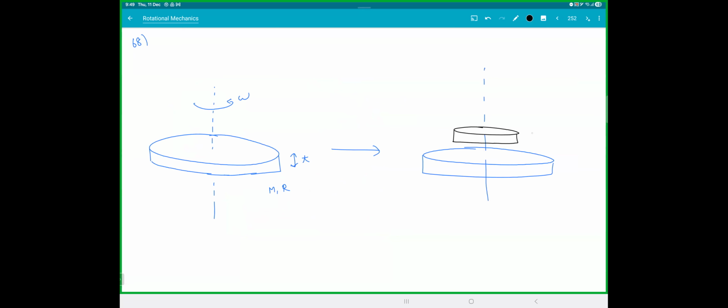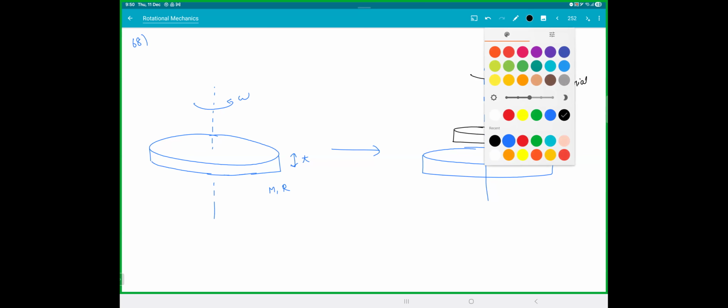You took another disk whose thickness is the same thickness T, right? And the radius is R by 2. Same material. And you placed it on top of it. Find the new omega.